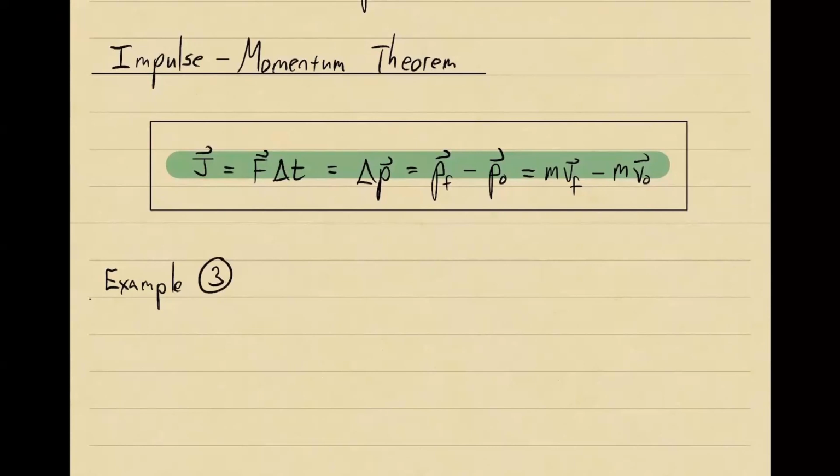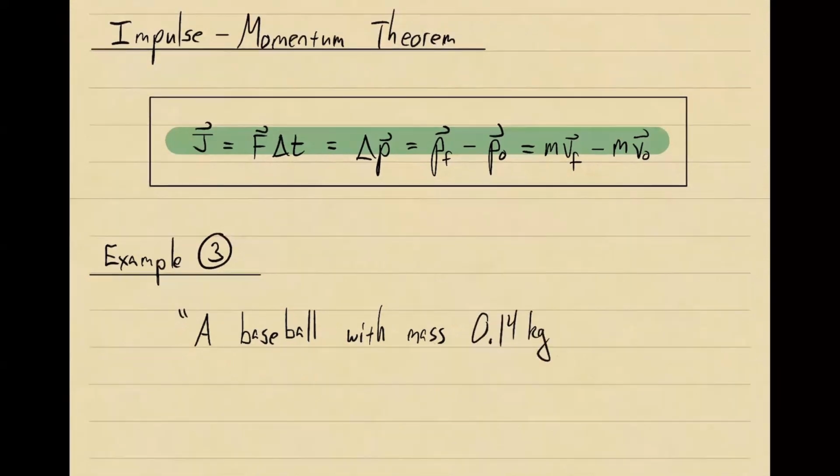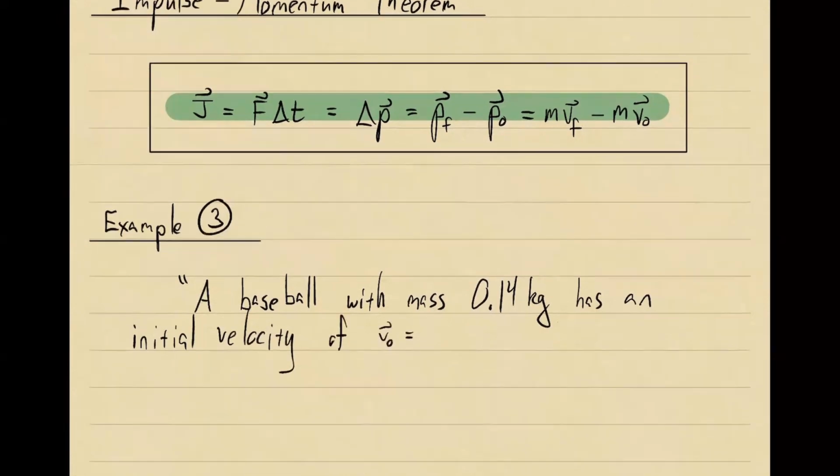Example 3 says that a baseball with mass 0.14 kilograms has an initial velocity, which is V naught equal to minus 38 meters per second. It's 38 meters per second as it approaches a bat.